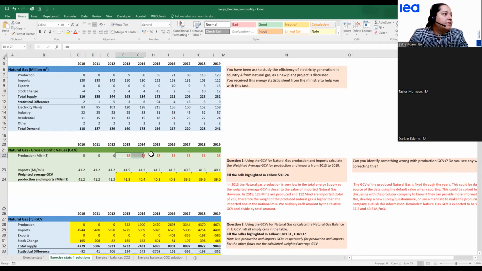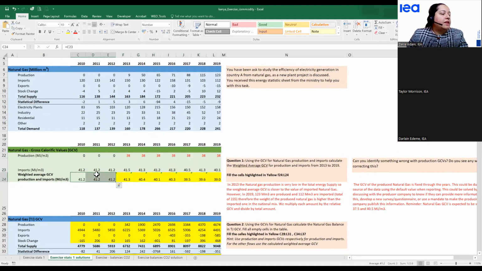And then you have some calorific values reported here up to 2019 for production. Then for imports, you have some calorific values as well. Usually when you're collecting data for imports, you're also collecting the relative calorific value from the countries from which you're importing natural gas.